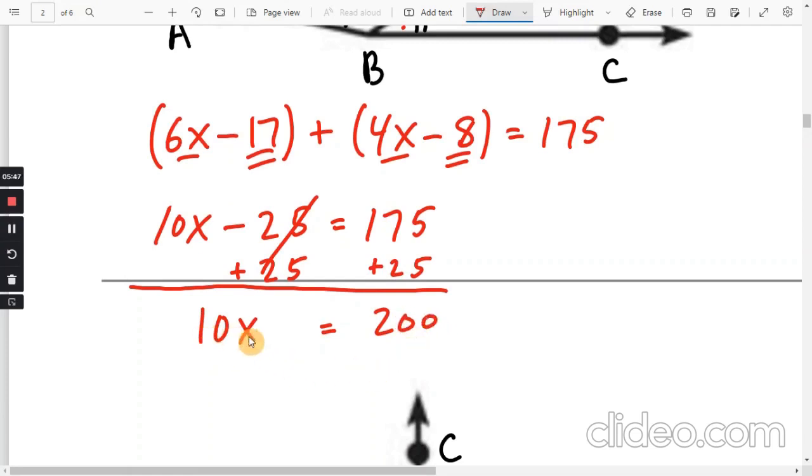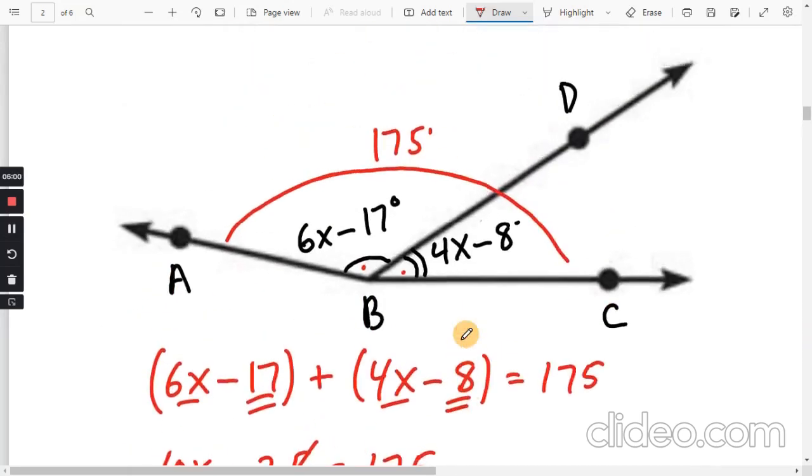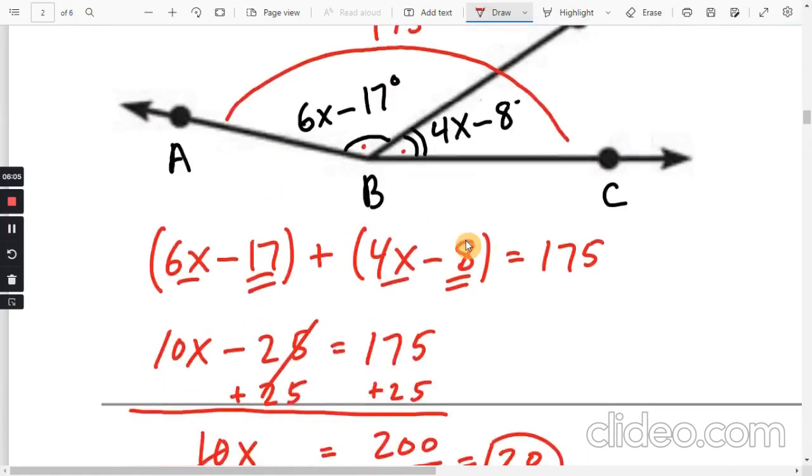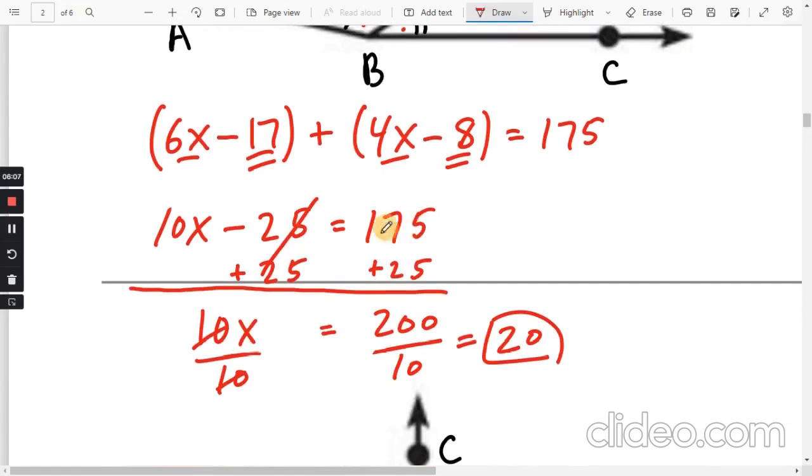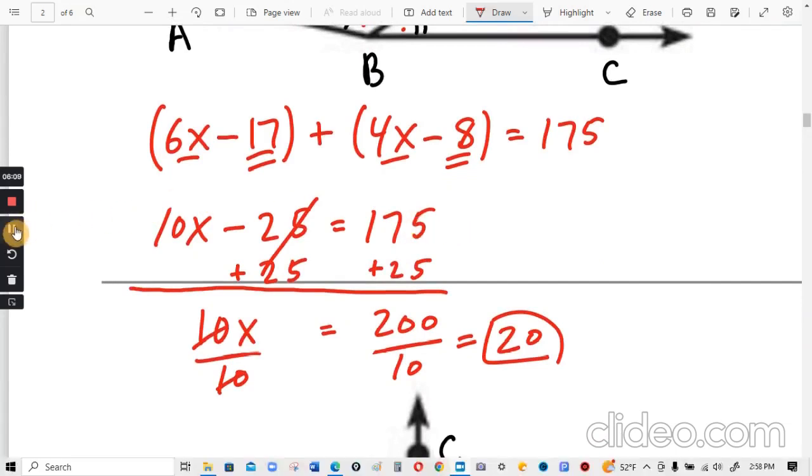And this is x times 10. The opposite of times 10 is divided by 10. X equals 200 over 10, which is just 20. All right, so I just asked for x. If you wanted the actual angle, you would plug in for x. But it just said, what is the value for x?